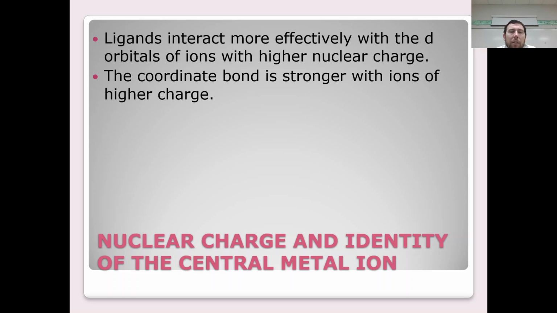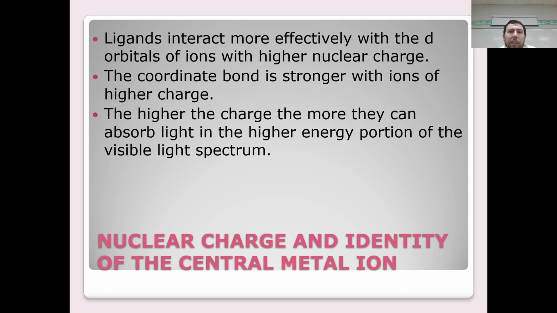Now, if we think about it, we looked at the number of coordinate bonds that can be formed within a complex ion. So the coordinate bond is going to be stronger with ions that have a higher charge, right? So a +2 versus a +3, right? The one with a +3 would have a stronger coordinate bond.